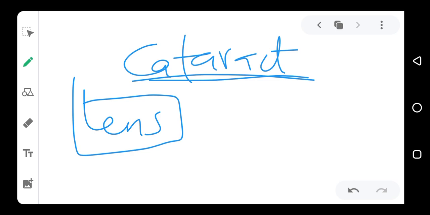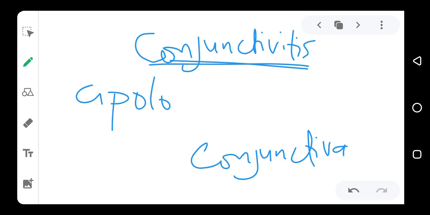But one of the major ways of correcting cataract is by surgery to remove the whitish substance in the lens. Now, conjunctivitis can be treated using medicines that kill the bacteria.